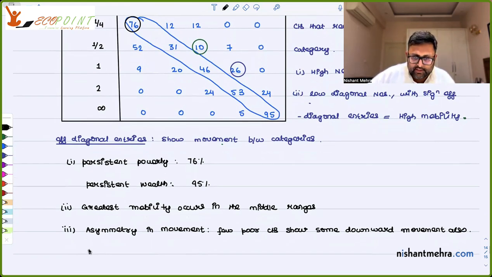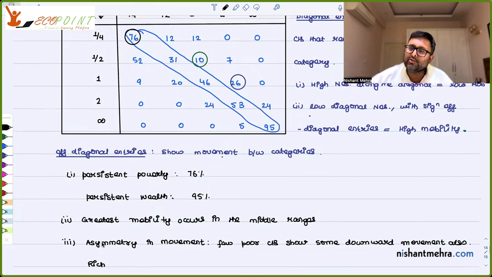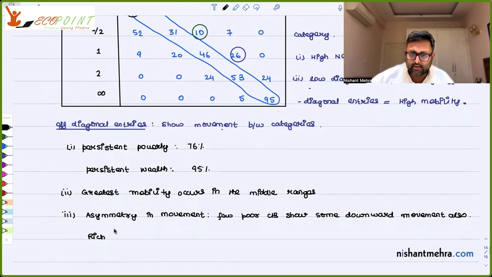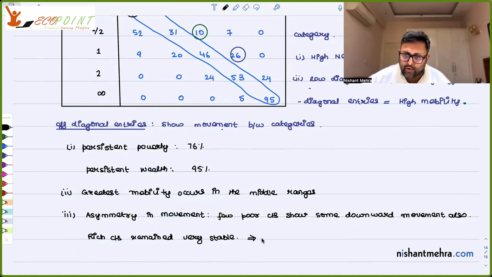Rich countries remain very stable. Those who are in the rich group remain in the rich group only. And this asymmetry implies that poverty is more persistent than wealth.